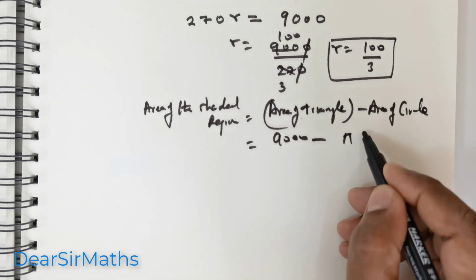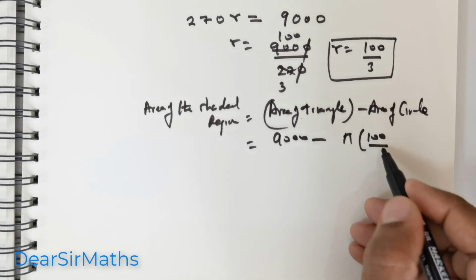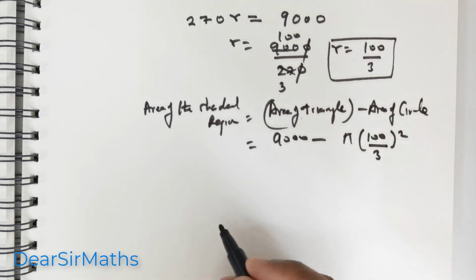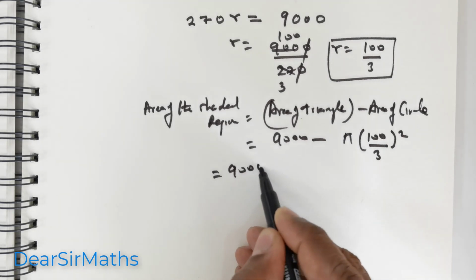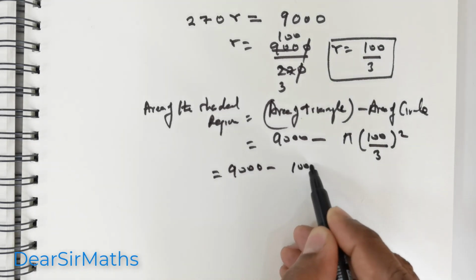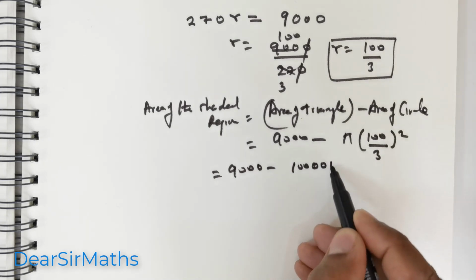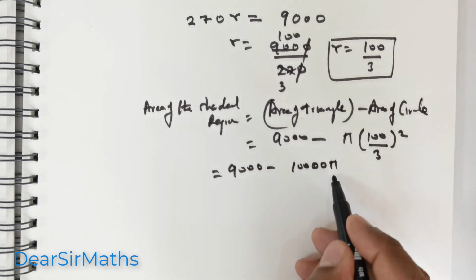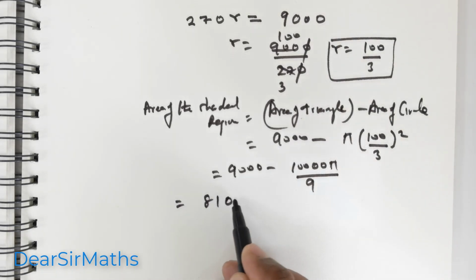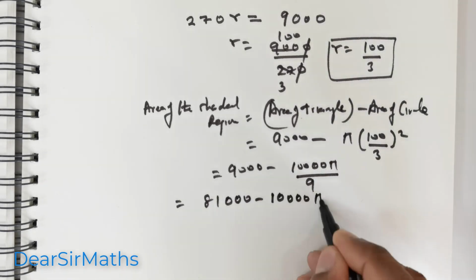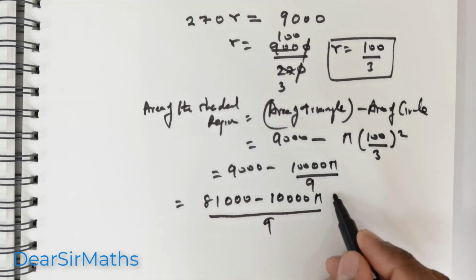So we need to subtract one from the other. So this is 9000 minus 10000 pi divided by 9, which is equal to 81000 minus 10000 pi divided by 9.